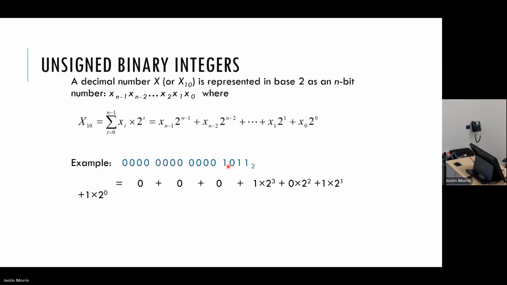So this gives us 8. 0 times 2 to the power of 2. 1 times 2 to the power of 1. So 8 plus 2, we're at 10. And now 1 times 2 to the power of 0, which is 1. So this is 11. 8, 0, 2, 1, which is 11. And you'll often see the base denoted as a subscript. So 11 in base 10, but it's 1, 0, 1, 1 in base 2.